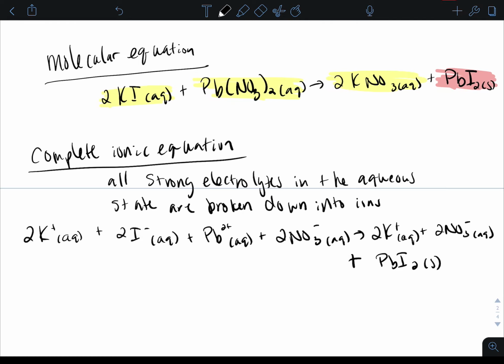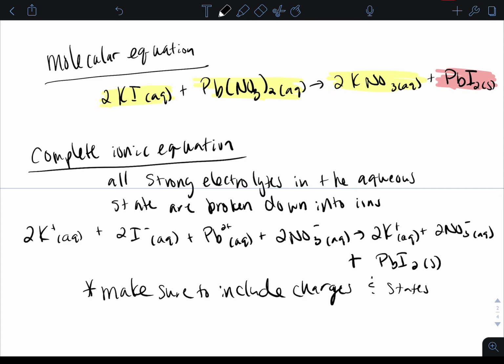Okay. Now, as you hopefully notice, we did not break down the lead iodide because this is in the solid state. And additionally, we put our charges for all of our ions. So make sure to include charges. Also, everything has a state.